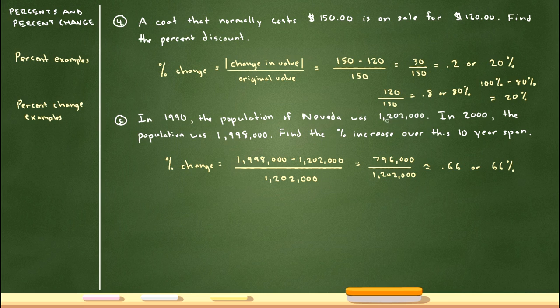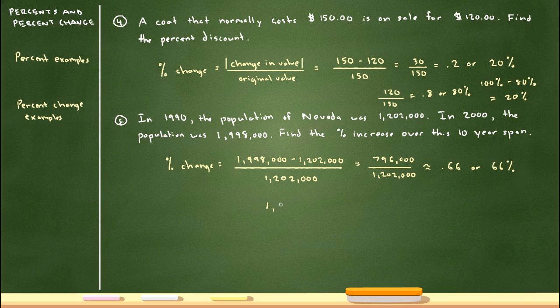Or, like in the case of the sale here, we did this new value divided by the original value, right? And then let's see what we get for that and see if we could come to our answer. So if we do the new value, by the way, this is the answer. So the population grew by 66%. One way to check this is if you do 66% of your original population, and then you add it to the original population, we should obtain this 1,998,000.